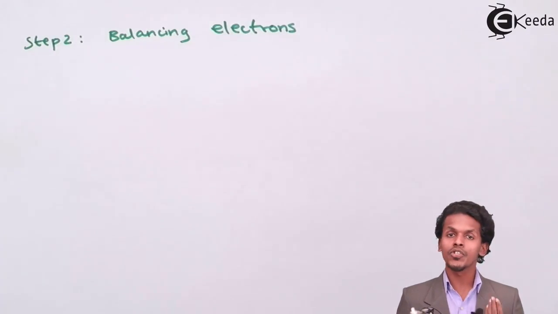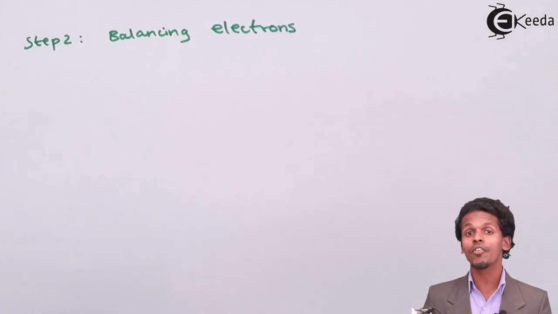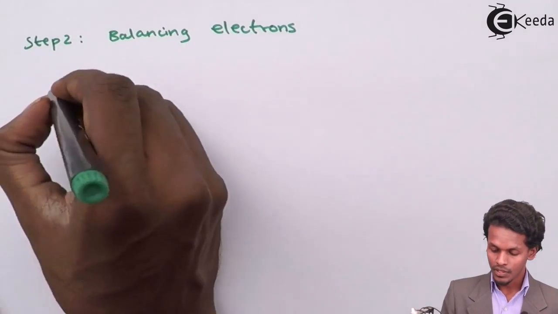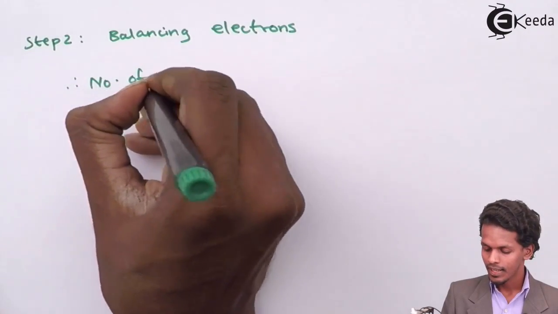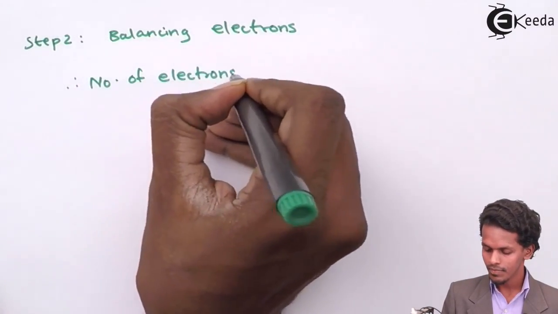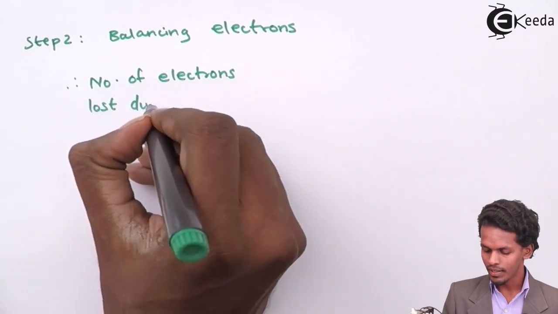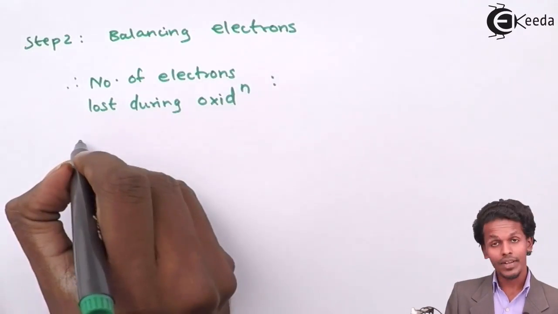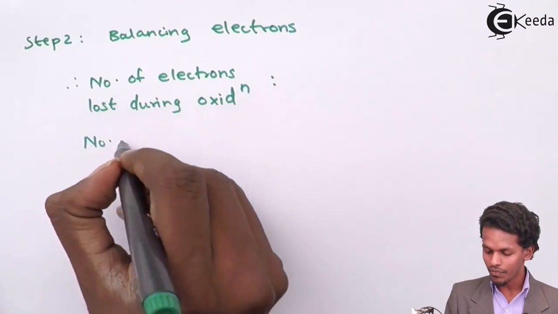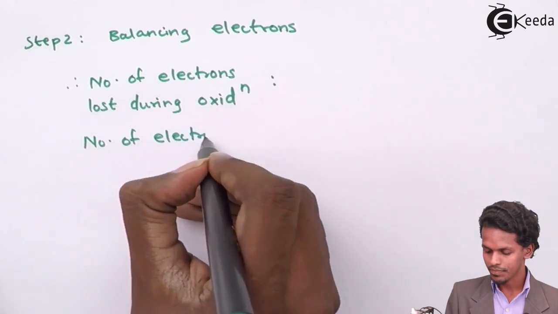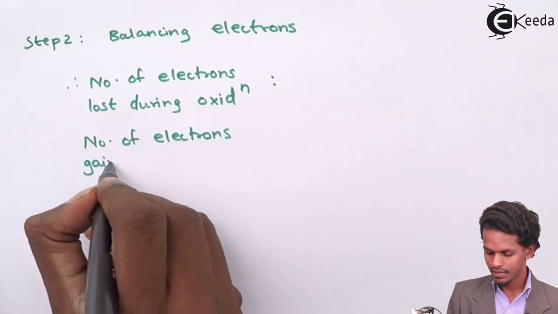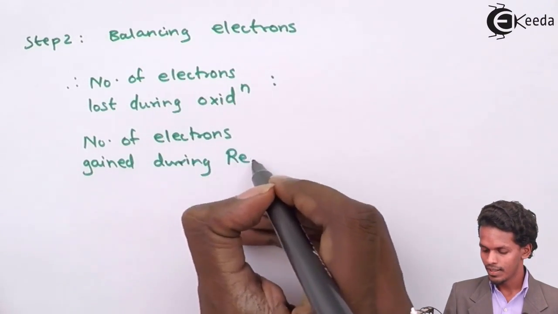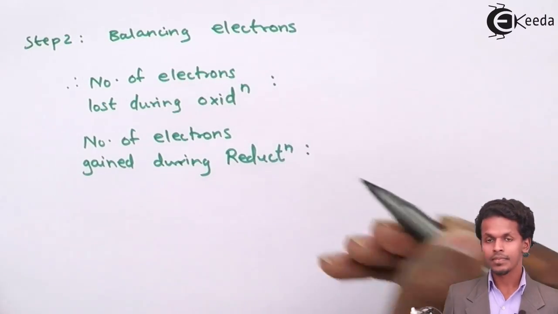Electrons are being lost during oxidation. So let us see how many moles of electrons are being lost during oxidation, and we will also calculate the number of electrons gained during reduction.